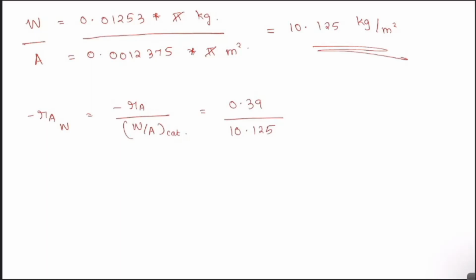And if we do the math here, we'll get the final answer as 0.0385. Since we need to approximate it to 3 decimal points, it will be approximately 0.039, and the unit will be mole per kilogram catalyst per minute.